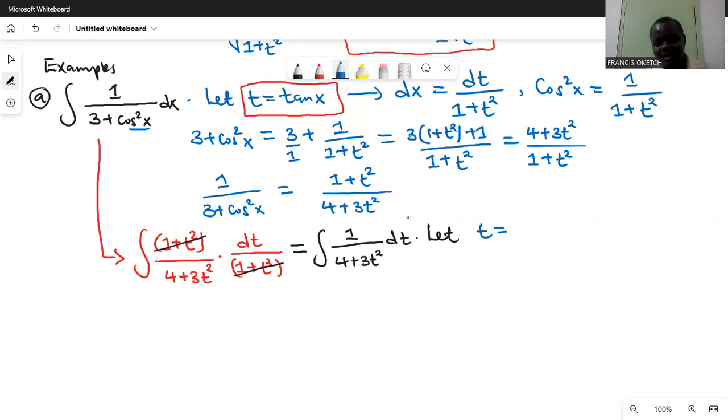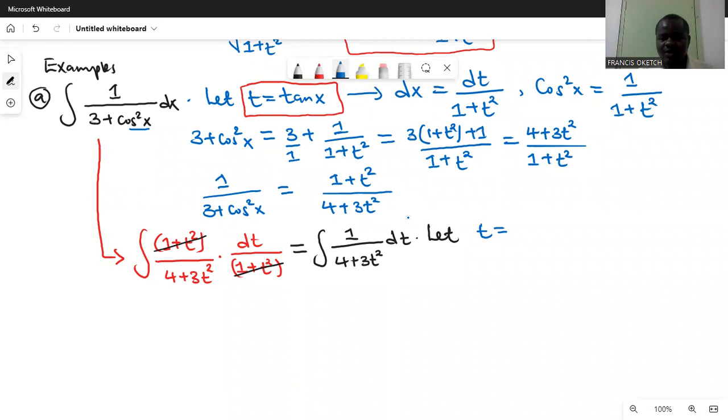What do you think is our a in this case? Is it 2 over root 3 or is it root 3? Let me show you how to get it. For you to get it, you will have to factor out 4 so that you have 1 plus 3 over 4 t squared. So you will say 3 over 4 t squared is the same as tan squared theta.